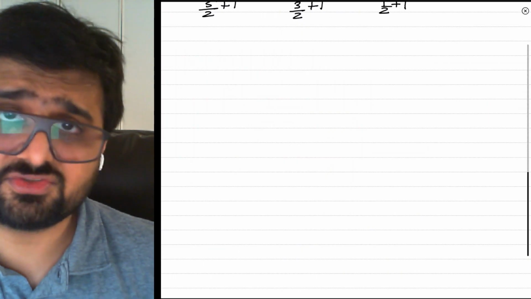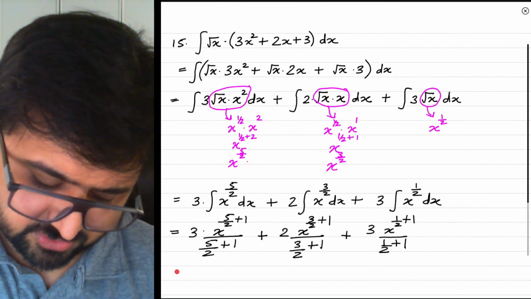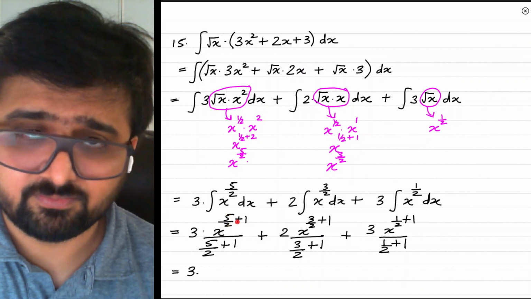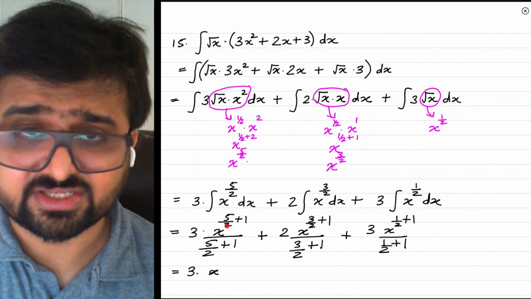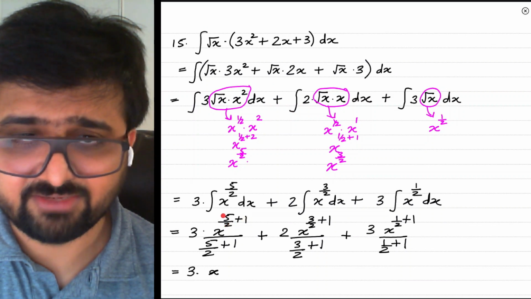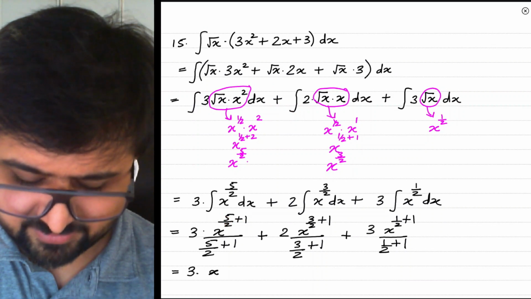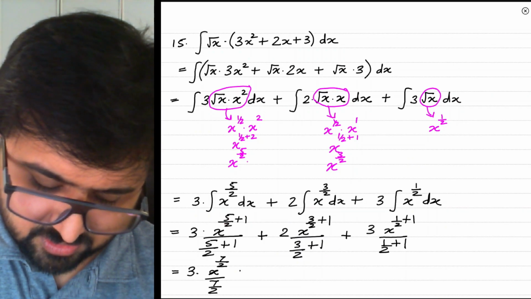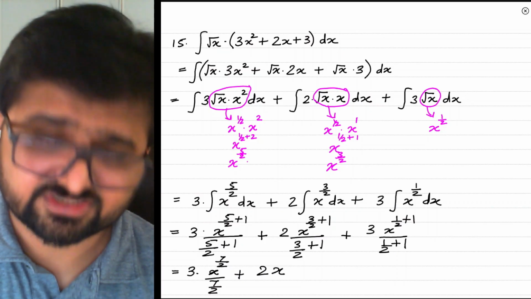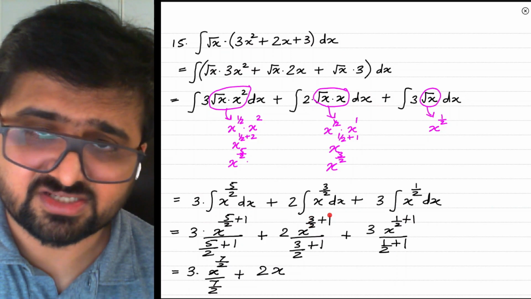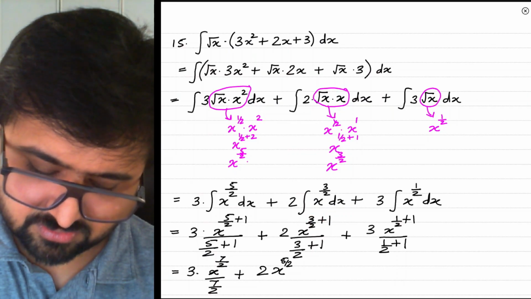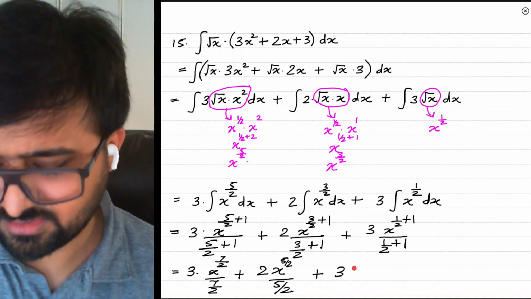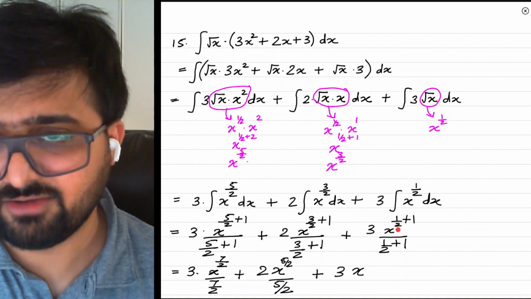Now let's do a little bit of simplification to make it look nice. 3 times, now 5 by 2 plus 1, you can just multiply that 2 here. So 5 plus 2, which is 7 by 2 over 7 by 2, plus 2 x to the power, similarly, this will become 3 plus 2, which is 5 by 2 over 5 by 2, plus 3 x to the power half plus 1.